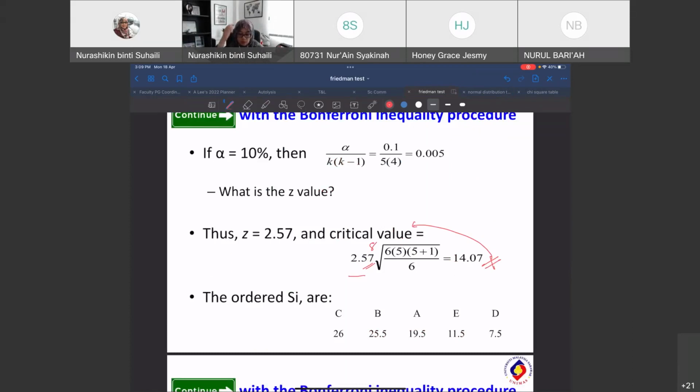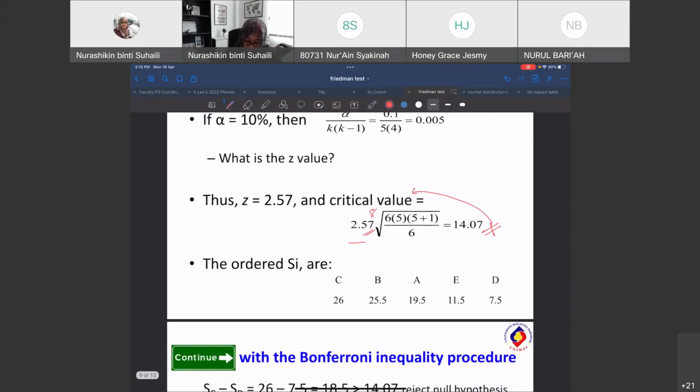So what you have to do next, if you refer to the steps, after calculating the critical value, step number 7 is to find the Sij. Just now we have the SA, SB, SC, right? The sum of the ranks.